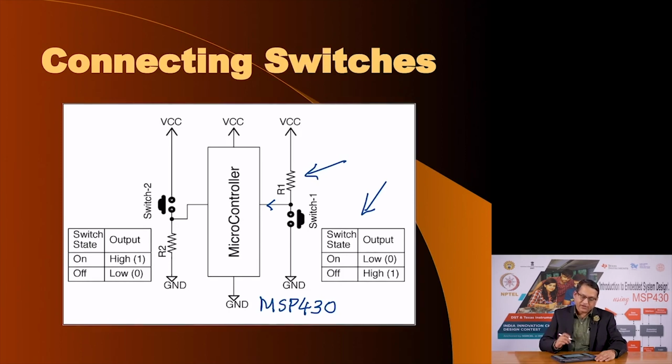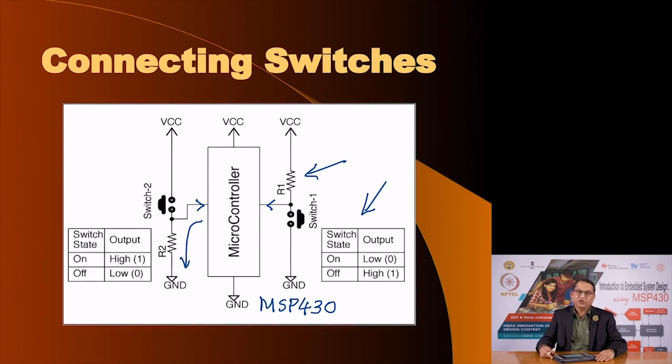Now, instead of connecting the resistor to the positive supply voltage, I have connected it to ground, and the junction of the upper pin of the resistor and the lower pin of the switch is connected to a port pin. Now, what will happen? When the switch is not pressed, the port pin will see a logic 0. That is what we wanted. When the switch is pressed, it connects the input pin to VCC and you get logic 1.